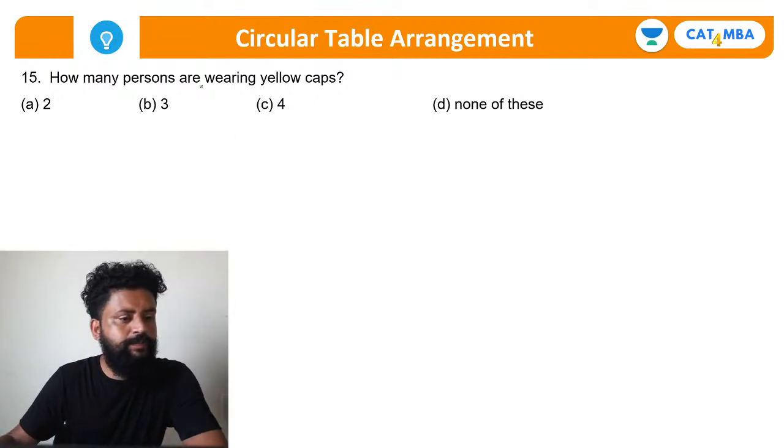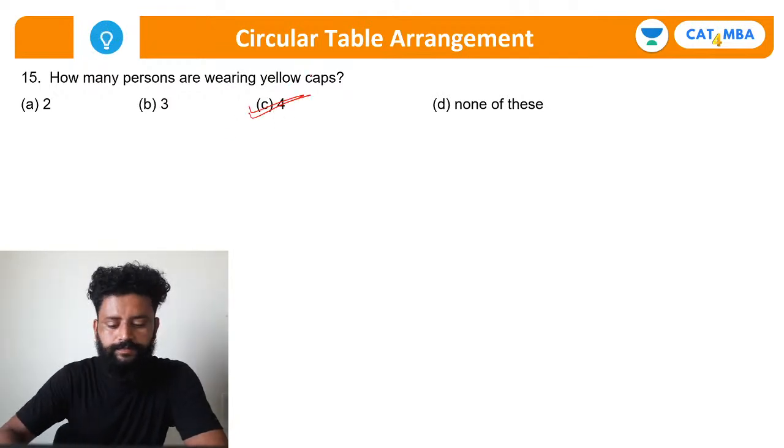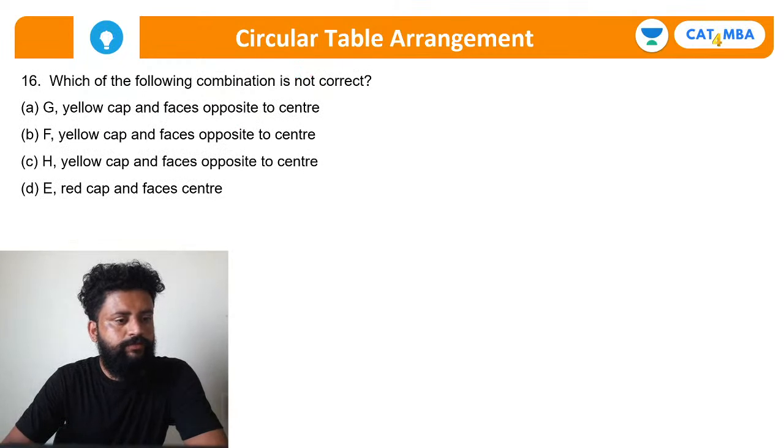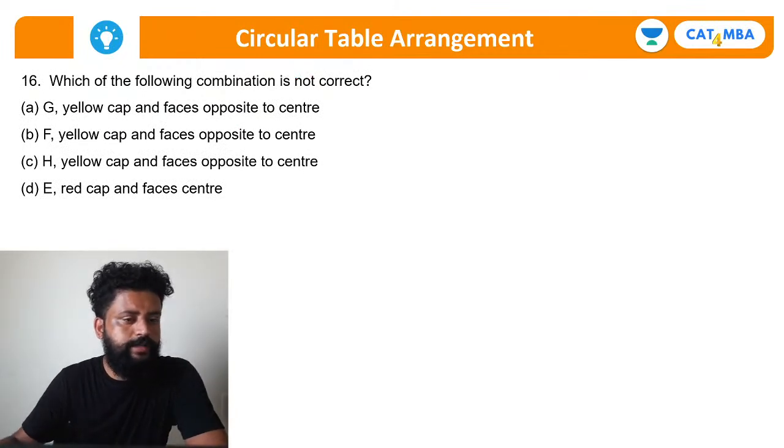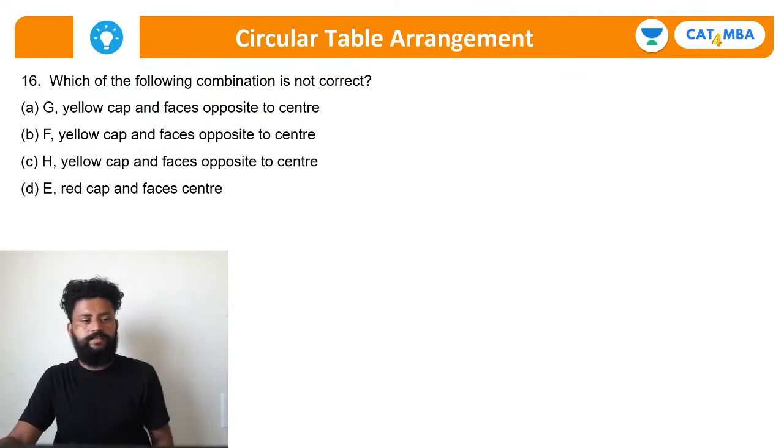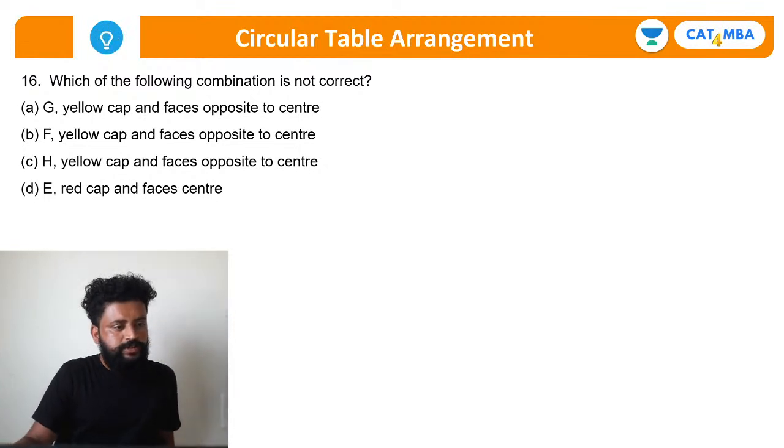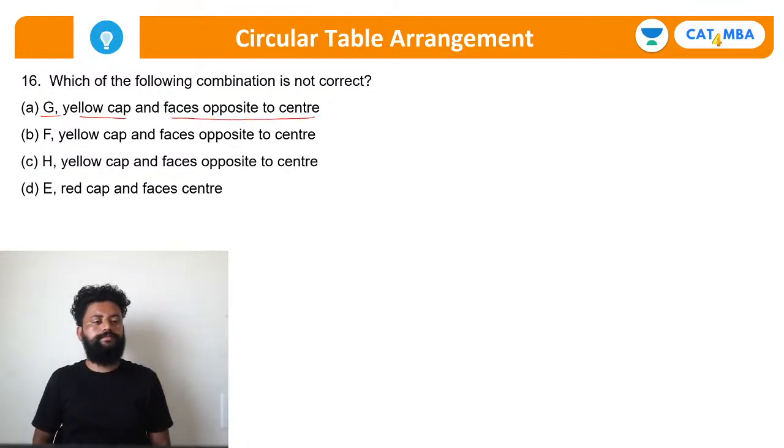Okay, so the thing is, how many persons are wearing yellow caps? Definitely it's 4. Then which of the following combinations is not correct? Let's see, G yellow cap and faces opposite.